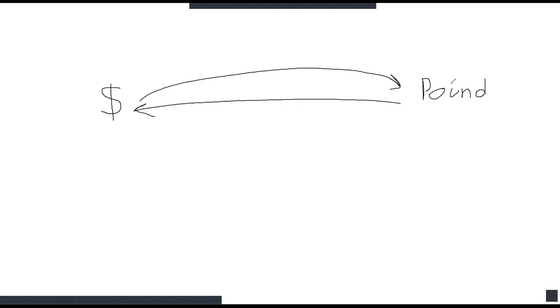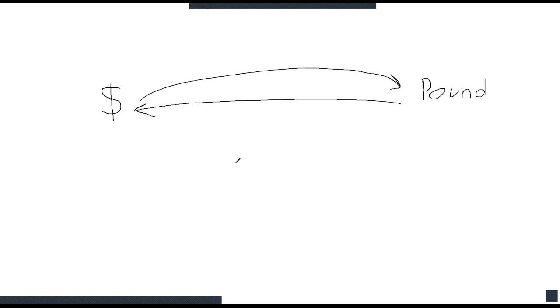Right now, you can't use the dollar in England, can you? You can't. The same thing if you came from England and came to the United States. You can't use pounds in America or wherever they take the dollar, right?